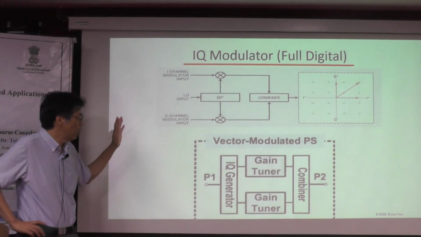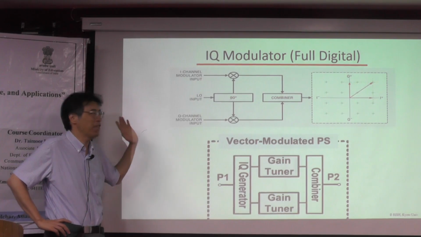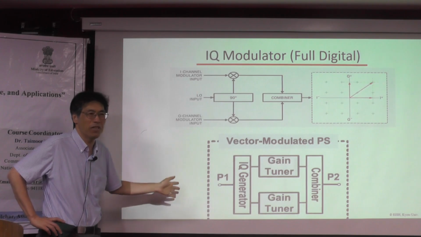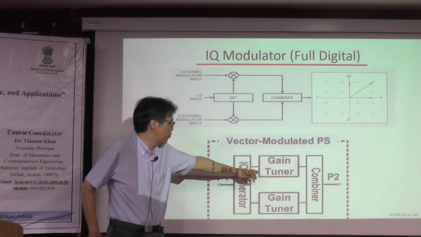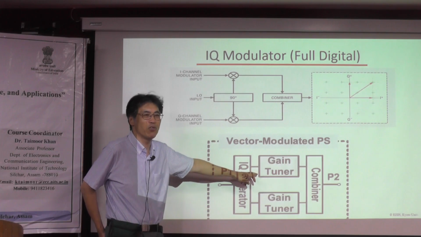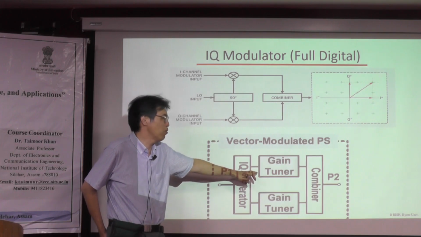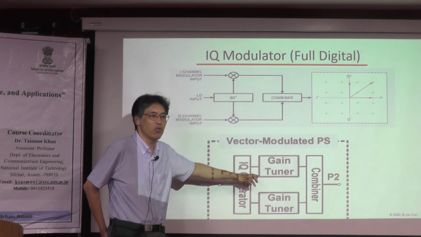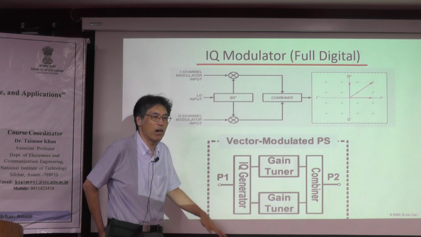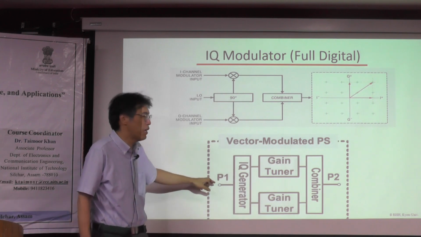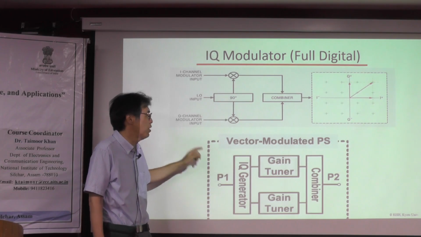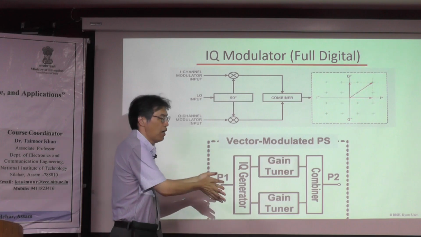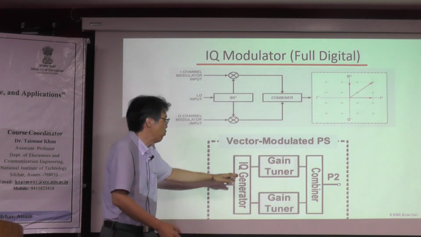But for wireless communication, it's a very simple, very low cost and very good phase shifter. But there is a problem, the gain tuner. Usually it's not an active gain tuner, it's a passive gain tuner. It just decreases the power only. Originally, for example, we input a radio wave with amplitude 1, and we divide this signal into 2, and we control the gain.